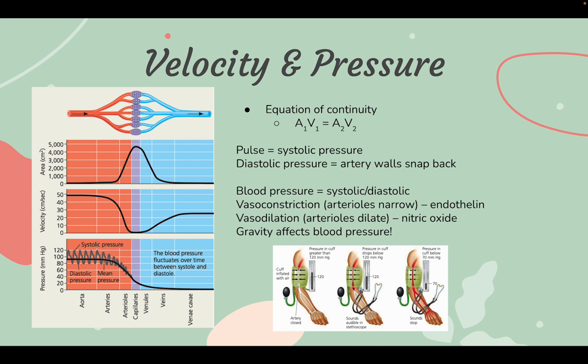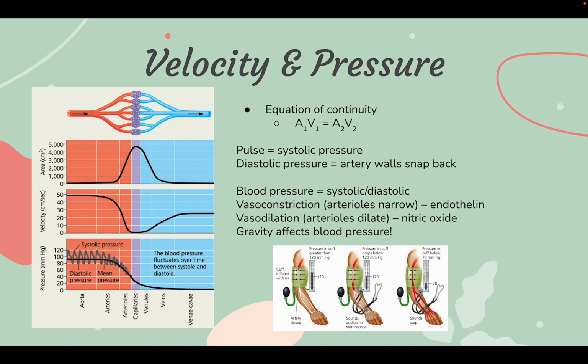Your systolic pressure is caused by the beating of your heart, and the diastolic pressure is caused by the artery walls snapping back after they've been expanded by your pulse. And if you've ever gotten your blood pressure from the doctors, they give you a number over a number, and that's your systolic pressure over your diastolic pressure.